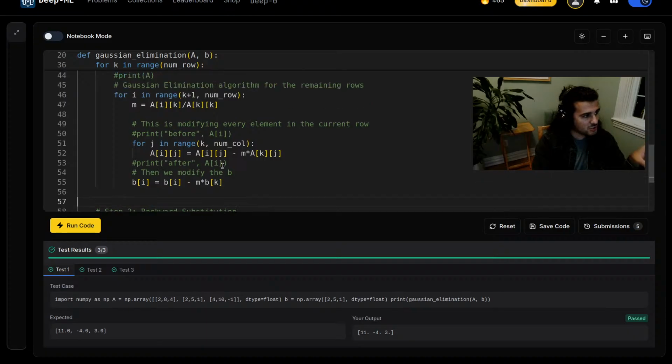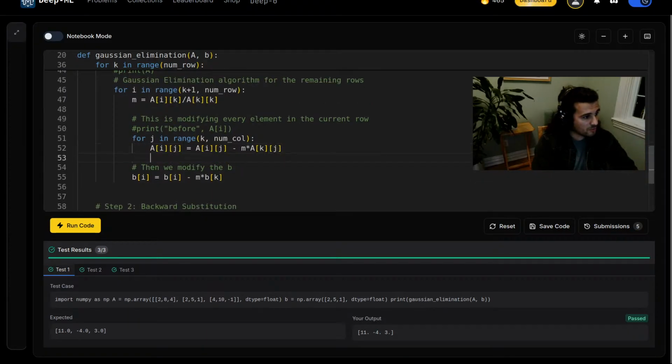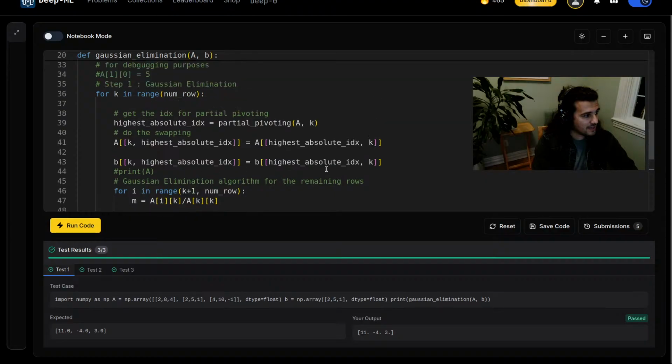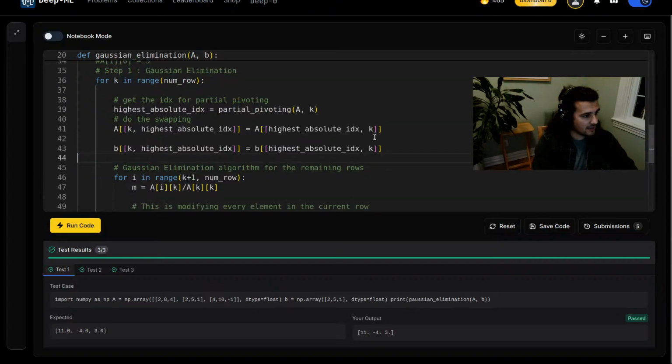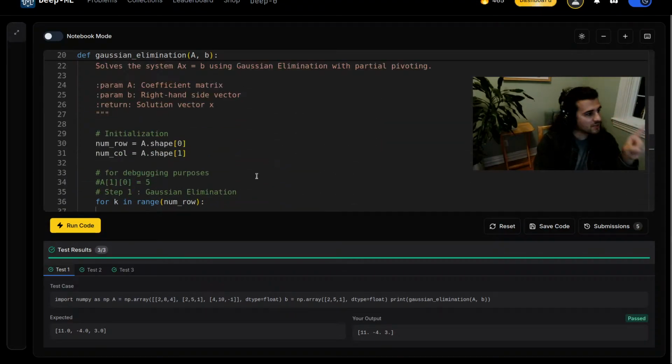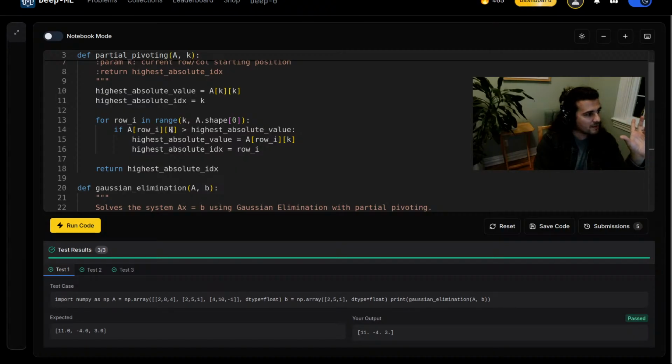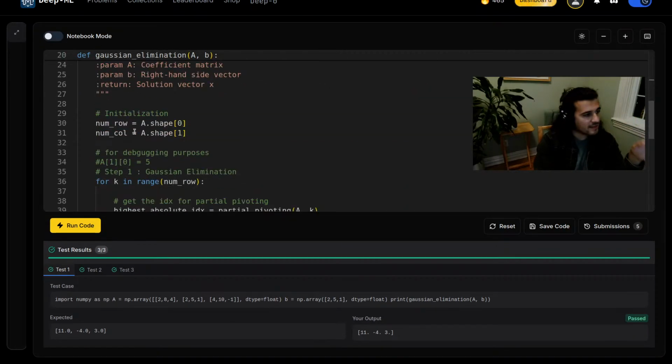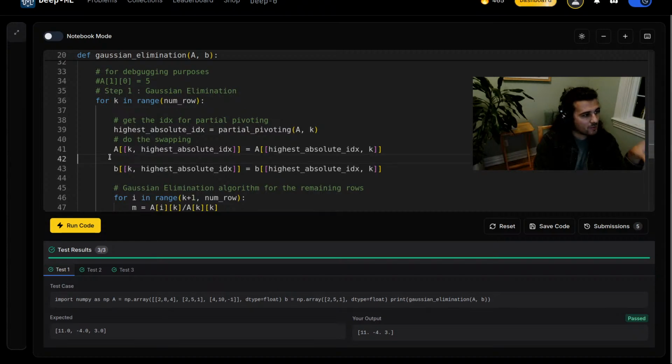The only issue I had was with the swapping. I had one mistake where I was doing the swapping on the column instead of the rows. Fixed that. But after that, I was swapping the A's but not the B's, right?